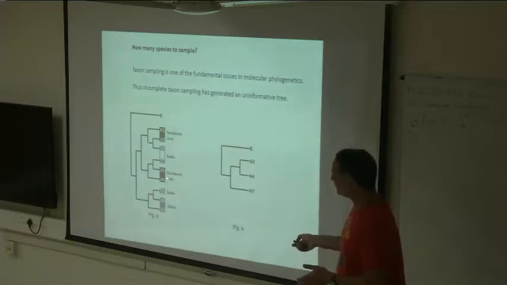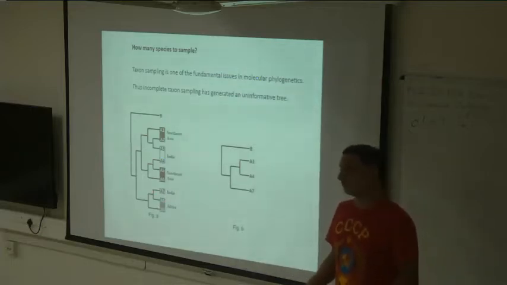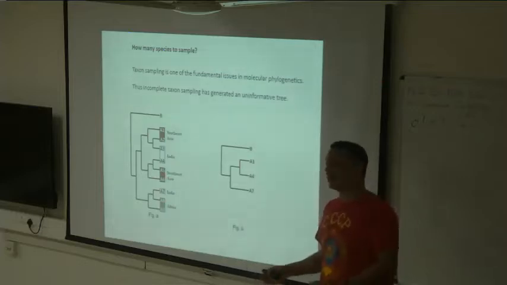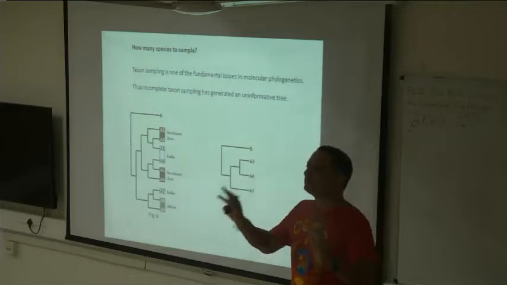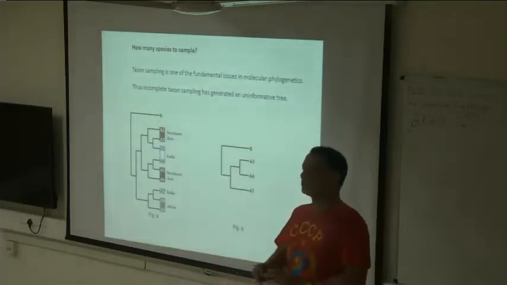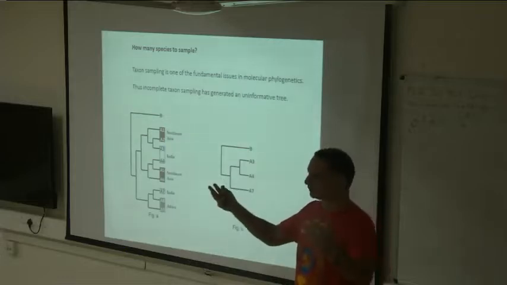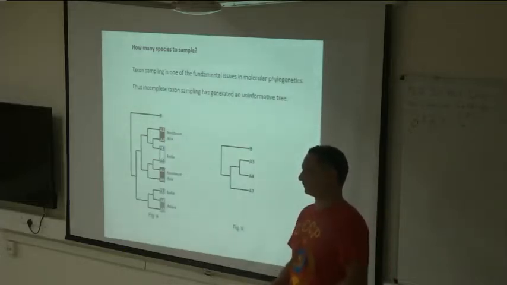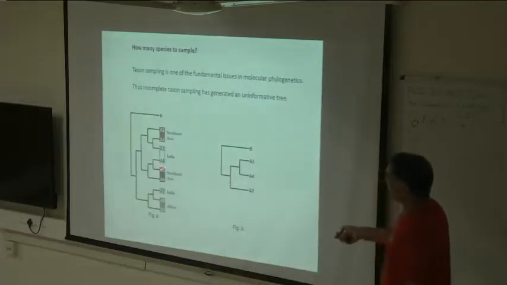When I say it's done, I mean at least some sequences are available. You can't get all the species. My rule of thumb is that you should try to sample at least 70% of the species in the taxonomic group you are looking at. You can never get 100%, right? So that is one approach.